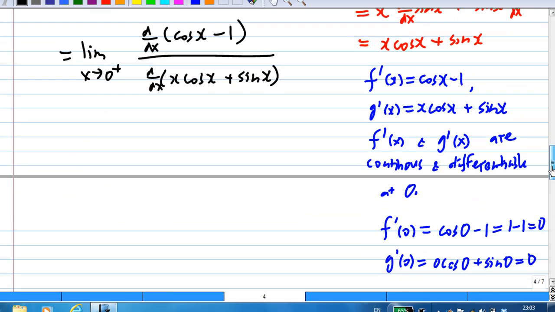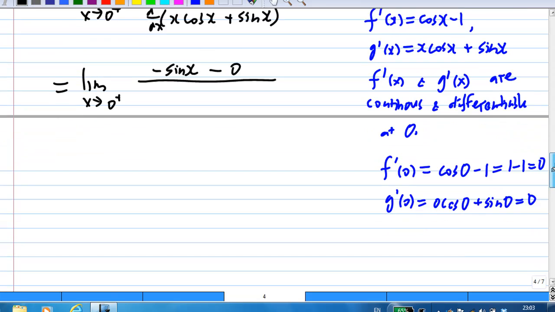Okay, so let's continue the differentiation. This is equal to the limit of x goes to 0. We know differentiation of cosine x is negative sine x. Differentiation of 1 is equal to 0. How about differentiation of x cosine x? And differentiation of sine x, we know.